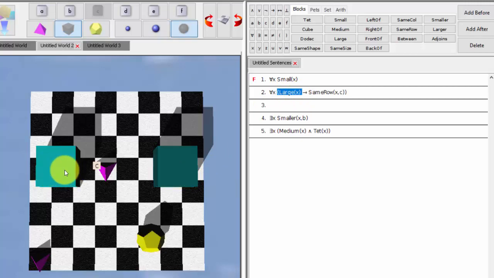These make the antecedent true. However, we see that both of them are in the same row as C, so the consequent ends up being true. So this statement will end up being true in this world. It says that all large things are in the same row as C.